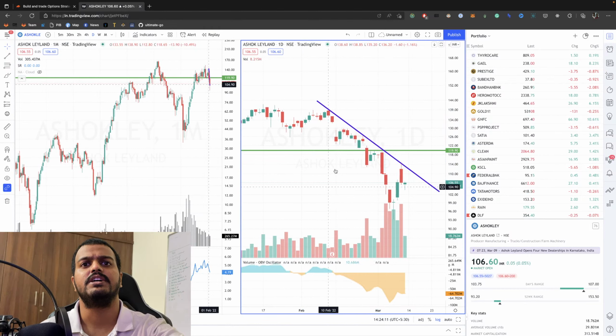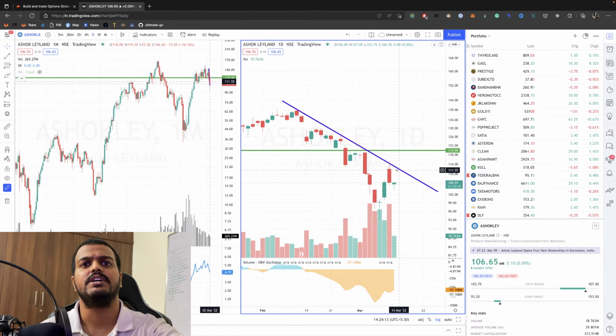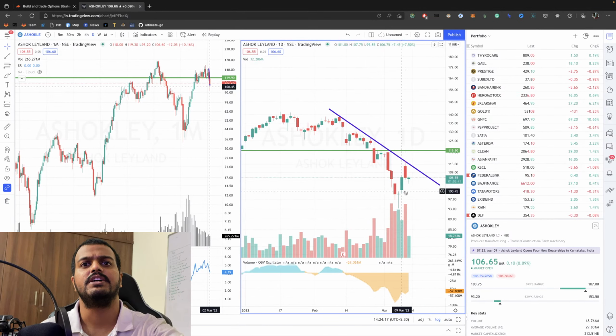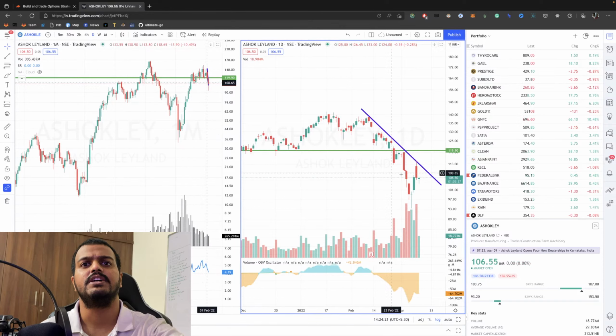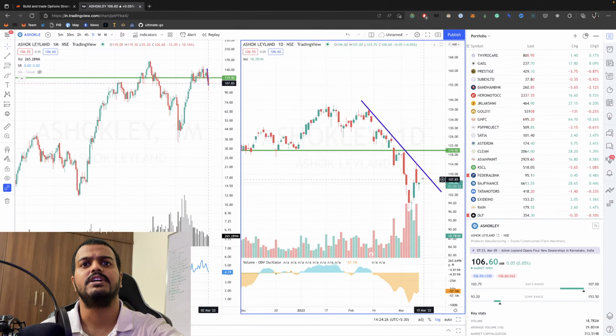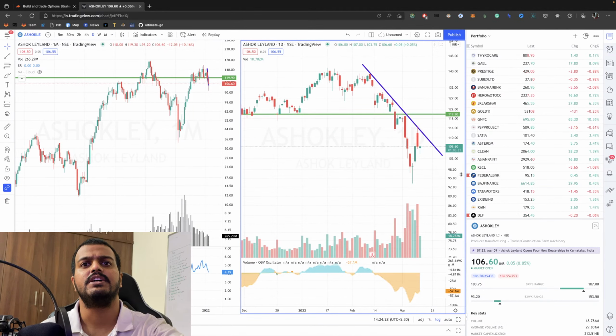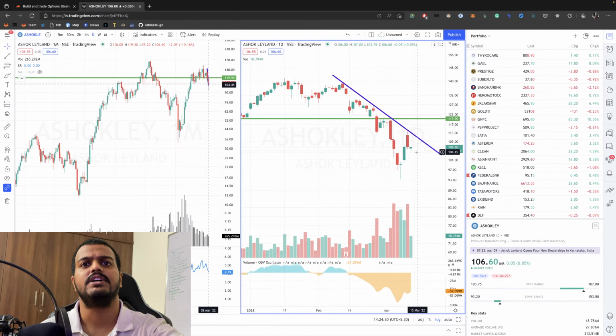What can happen within this day is it can reach 110 and go back again, and this can be in the resistance zone, or if it breaks the trend line and moves back up, that would be a danger zone for us. So let it come to this range. Again, it came from 203 to this range, so it looks pretty volatile.